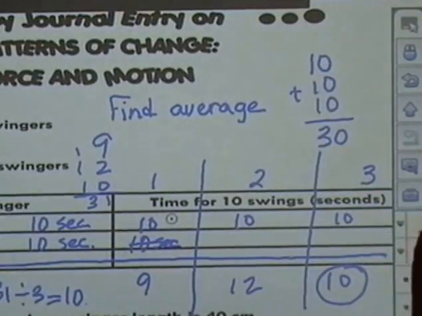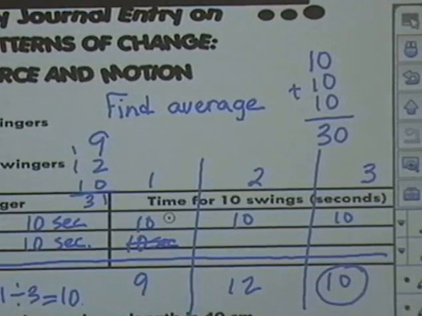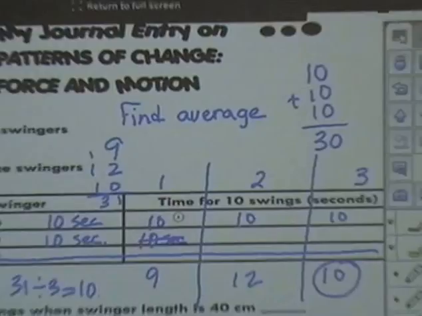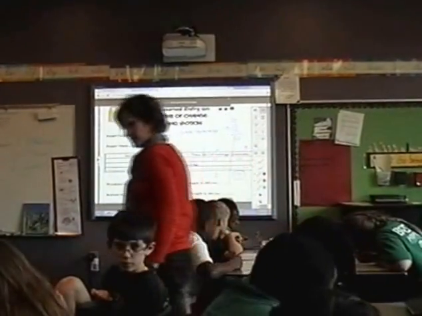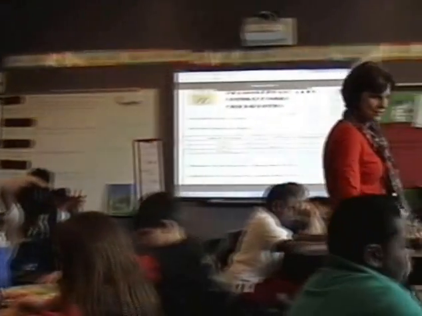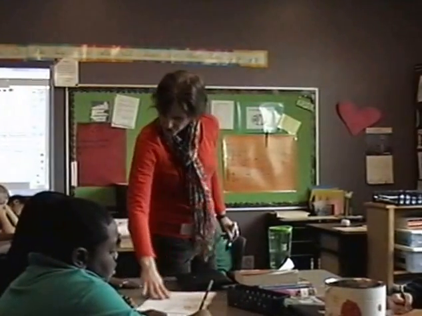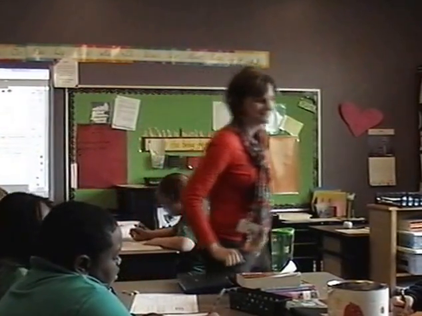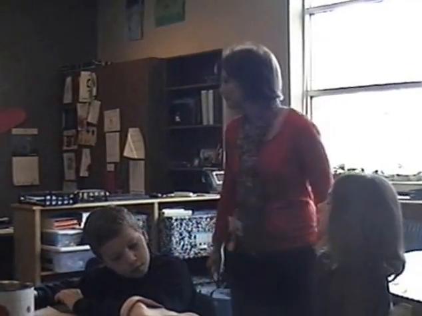Okay, so what I want you to do right now is go ahead and find your average real quick for both of them. Go ahead and do the math calculation. If you haven't already, add or find the average. Find the average. You got your sheet? Where's your pencil? 7 seconds. Okay, so you're finding that. Yours was easy. Did you find the other one?